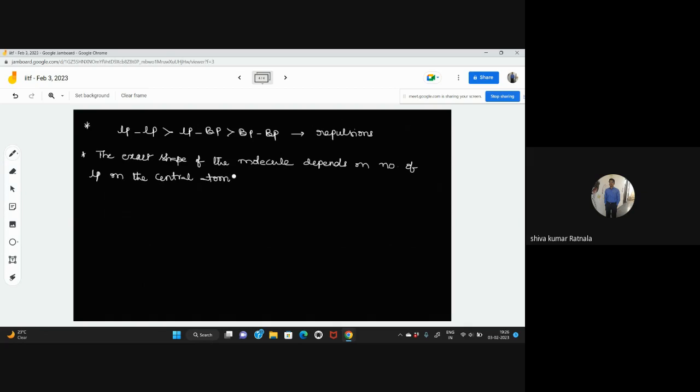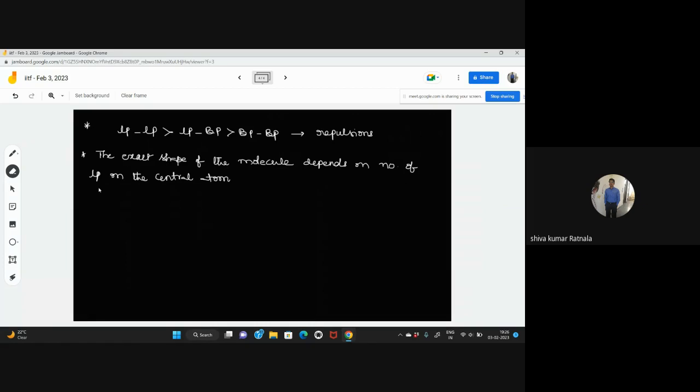And next, generally double bond causes more deviation than single bond and triple bond. The next point is not necessary right now, leave it. So these are the points of repulsion.